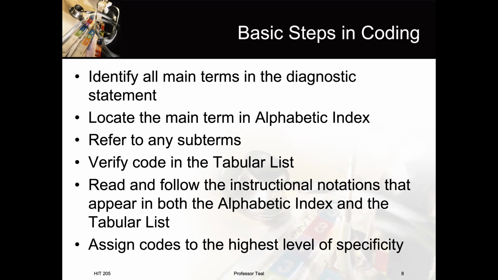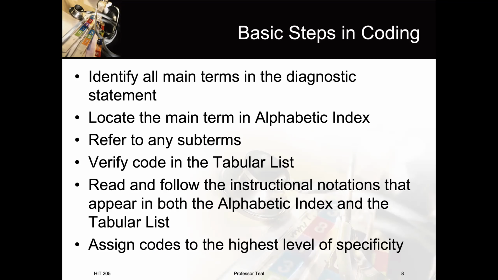Then you take whatever partial code it provides you and verify the code selected in the tabular list. You're going to read and be guided by any instructional terms that are in the tabular list. Assign the code to the highest level of specificity, up to a total of 7 characters if applicable.